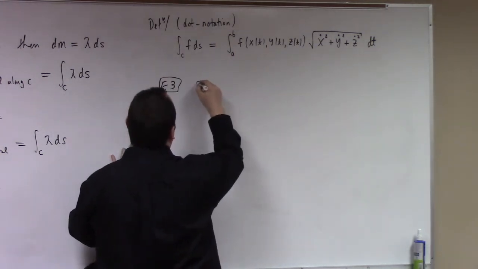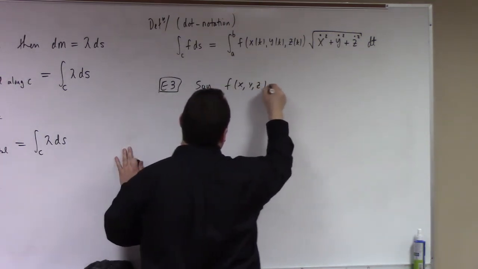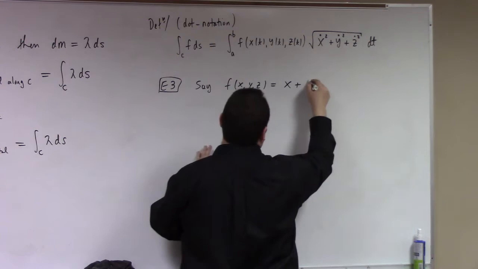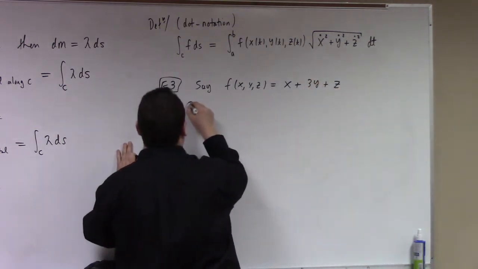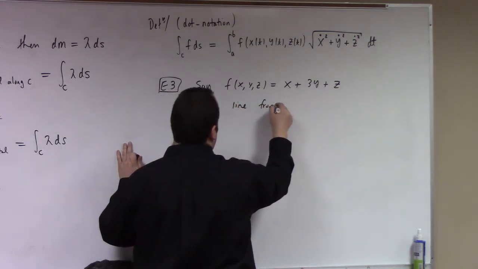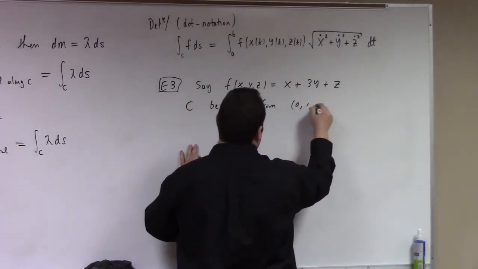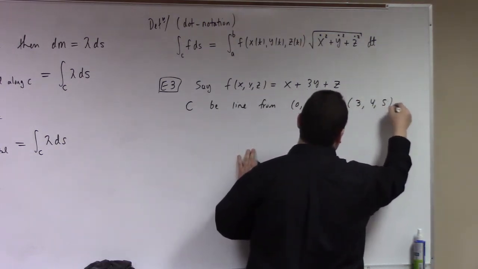So example 3. Let's say f of x, y, z equals x plus 3y plus z, and let the curve be the line from (0, 1, 2) to (3, 4, 5).